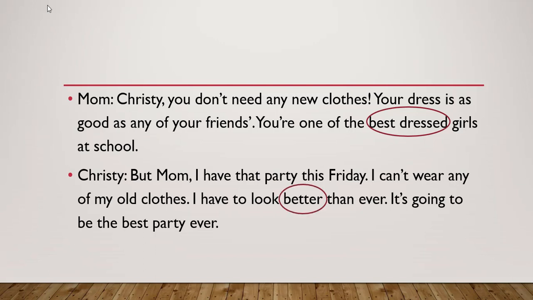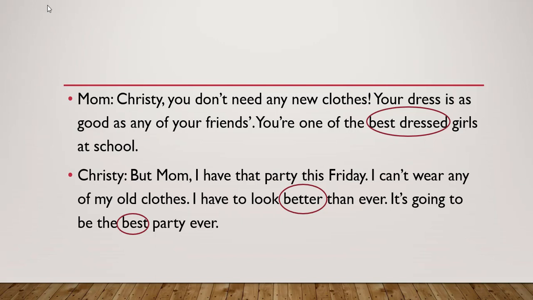The next one is better than: I have to look better than ever. Because of the word than, when you use better, you always use it with than, better than this, better than you. Finally, we have it's going to be the best party ever. That is another superlative form of the adjective, best party ever.